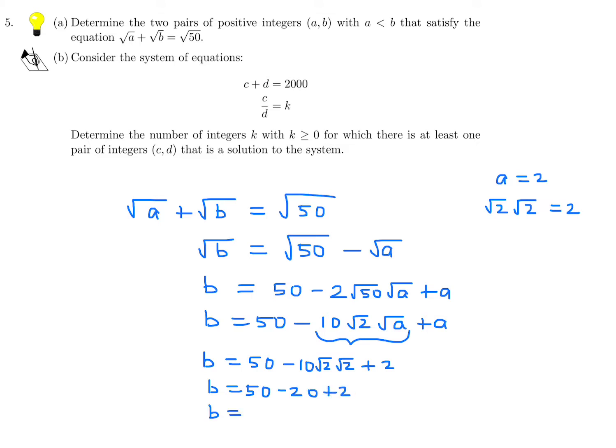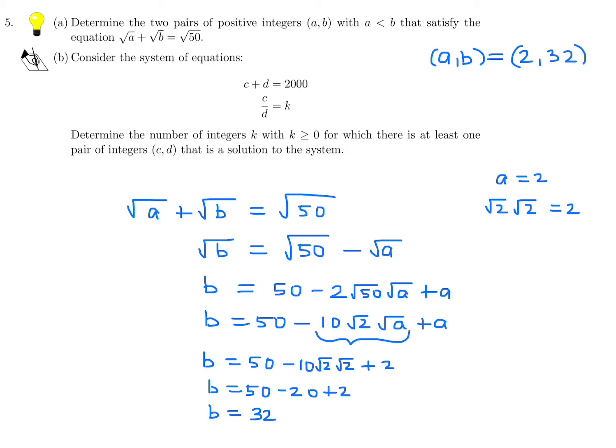So b is equal to 32. Okay, well, there's one of the pairs that they're looking for: 2 and 32. So they have said there's 2, so I only have to find one more.